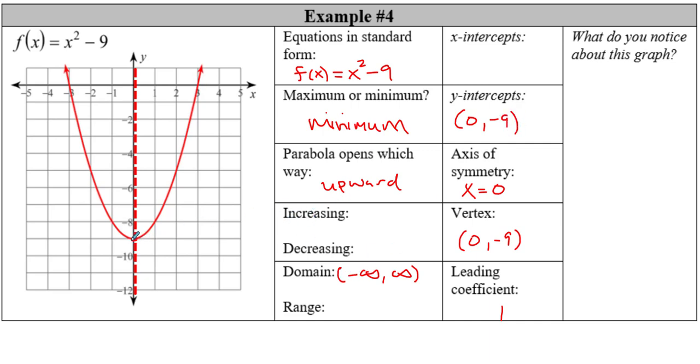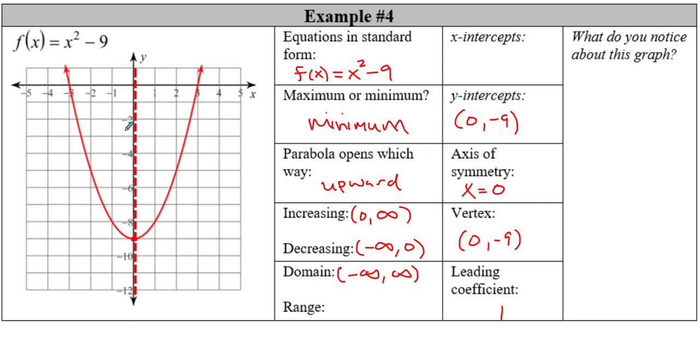Increasing, we're going from an x value of 0 to positive infinity. And then we're decreasing, coming from the left from negative infinity, and then we take that turning point at an x value of 0. Let's take a look at our range.